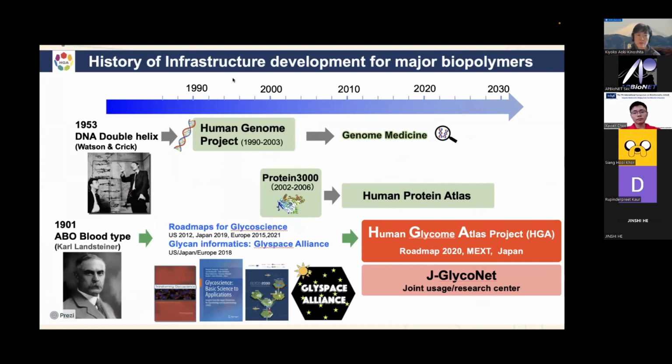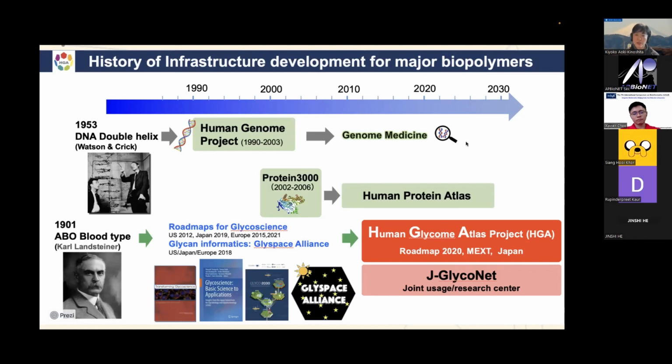Just to cover the history of different projects. As you know, the Human Genome Project was started back in the 1990s. And finally, we could understand the whole human genome by the 2000s. And now we have a reference human genome, right? And several different reference genomes for human.